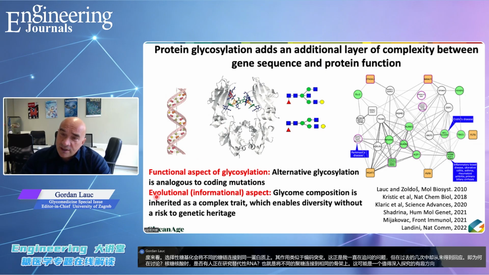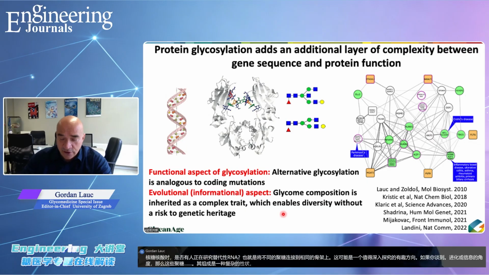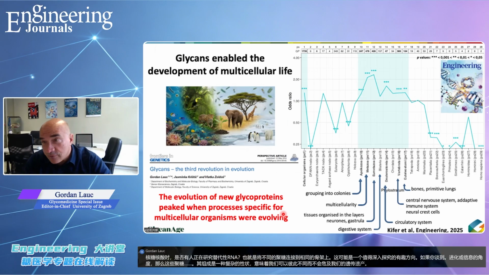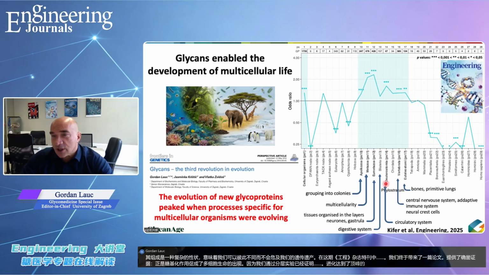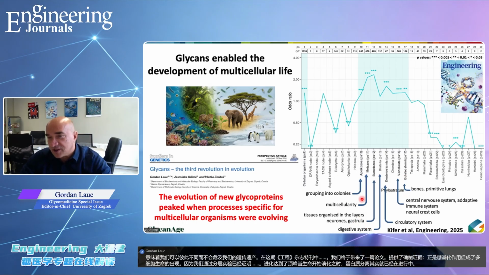And if we talk about the evolutionary or informational point of view, then the glycome composition is a complex trait, meaning we can be different without risk to our genetic heritage. In this special issue of Engineering, we are bringing a paper where we are finally providing some evidence that it was actually glycosylation which enabled the appearance of multicellular life, because by doing phylostratification, we showed that the peak of evolution of protein glycosylation was happening when life was becoming multicellular, when we started to form cell colonies, multicellularity, and so on.